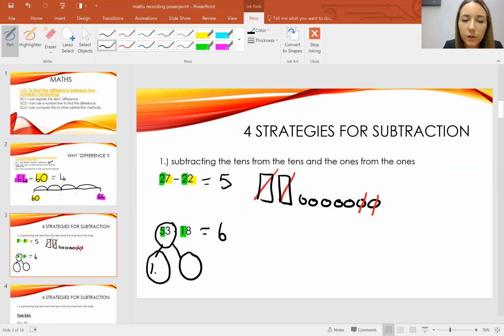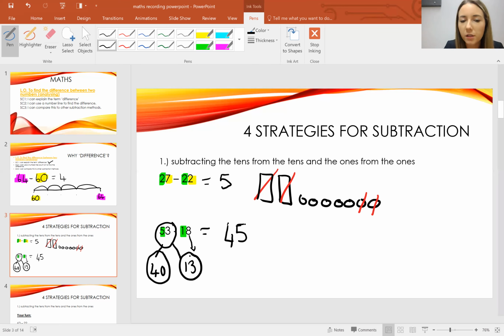So we have got 4 tens now, which are 40, and an extra 10 in the ones column. 3 add 10 is 13. So now we can take our 8 away from 13, which equals 5. So we'll have 5 ones, and we've still got those 4 tens there, so that's 45.